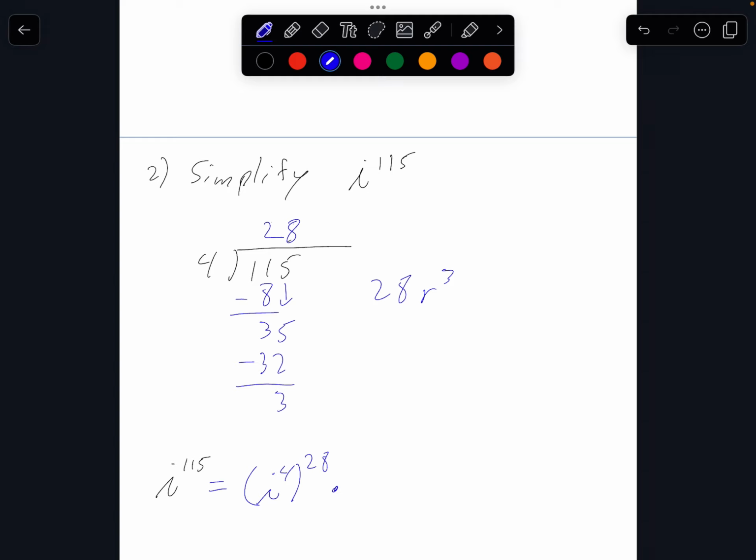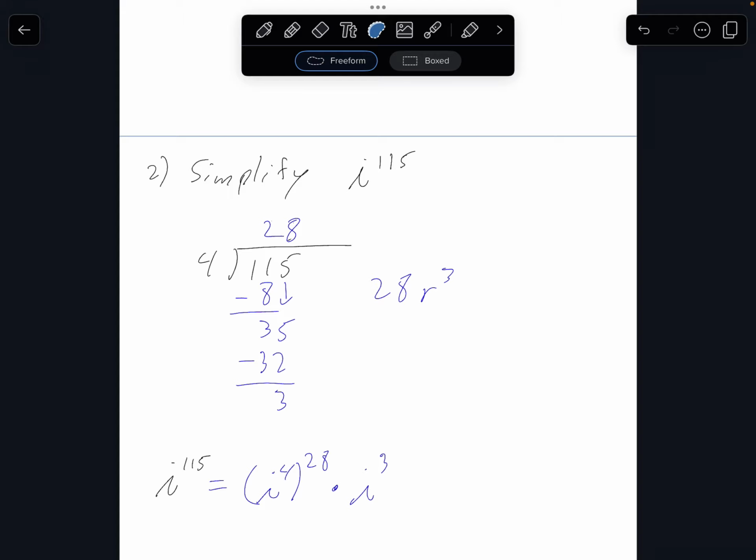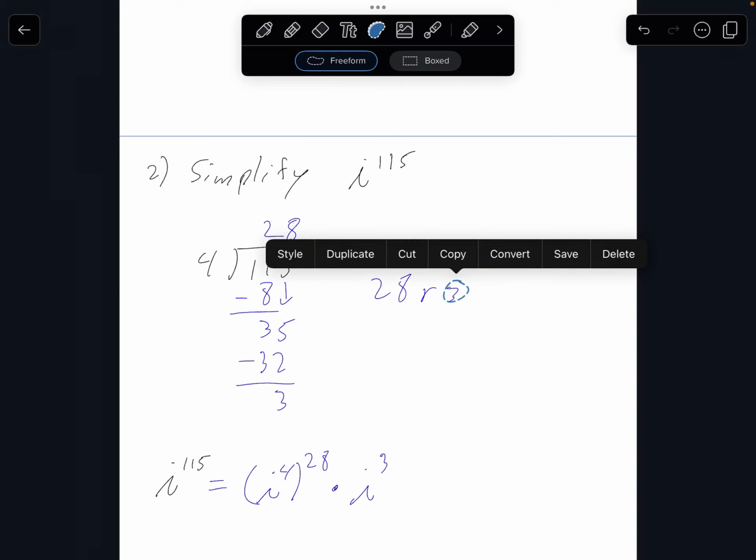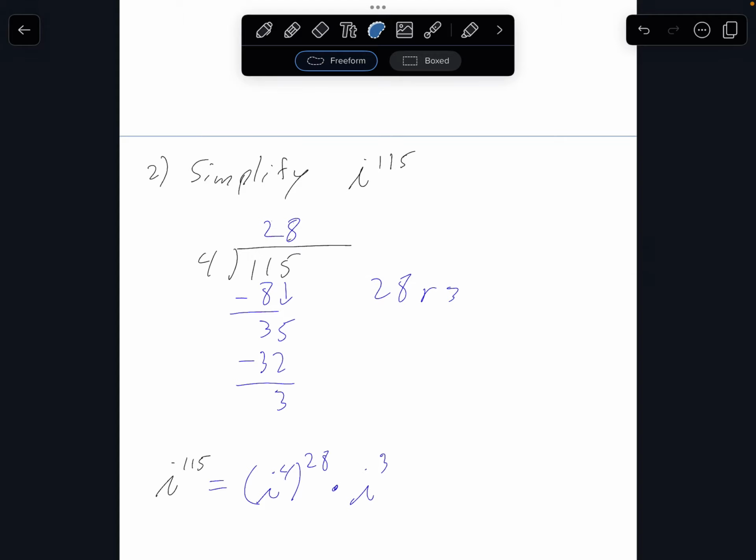Times our leftover, our remainder, i to the 3rd power. It's a remainder, not an exponent. But again, this remainder of 3 goes in that slot right there because 4 times 28 plus 3 is going to get us 115.